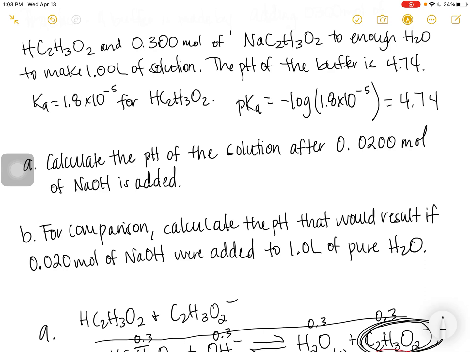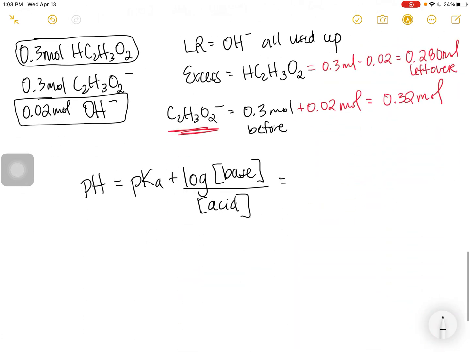Negative log of 1.8 times 10 to the negative fifth. Yeah. Okay. So my pKa of the acid was 4.74 plus my log of the base concentration over the acid concentration.